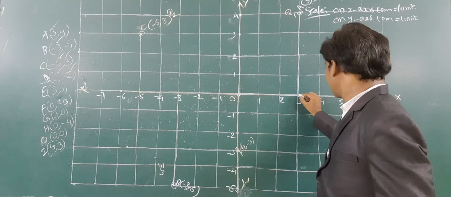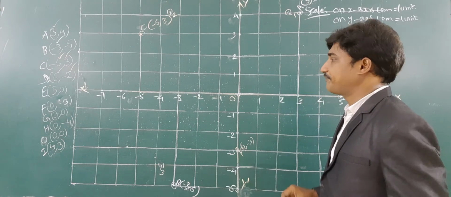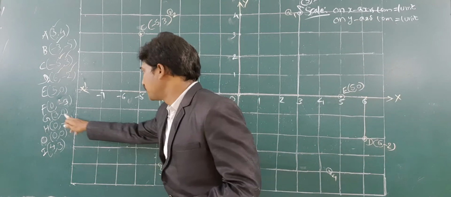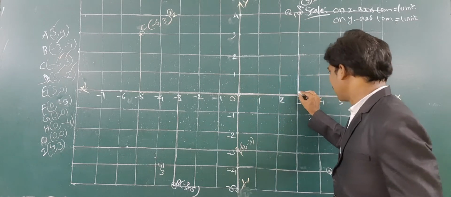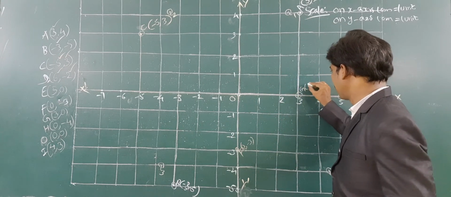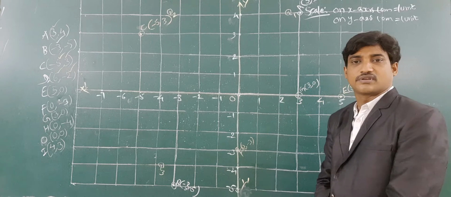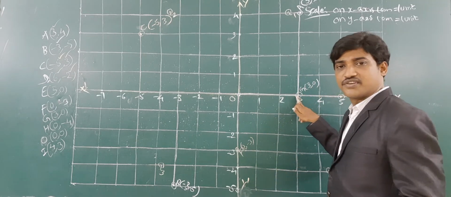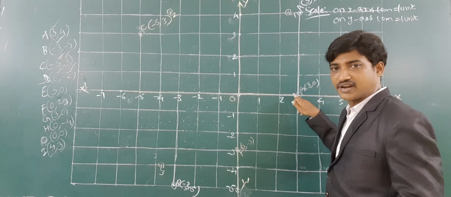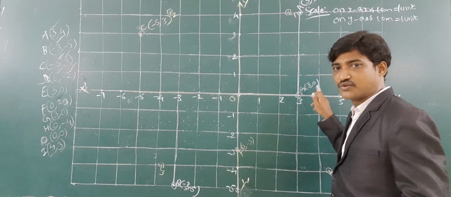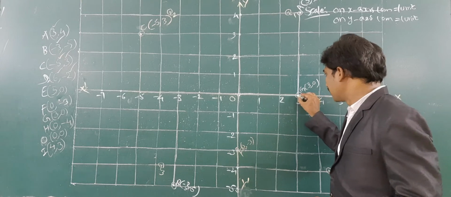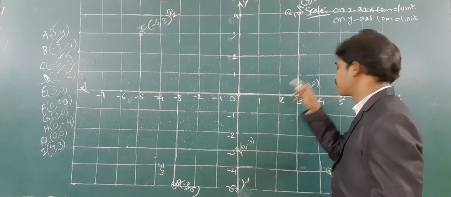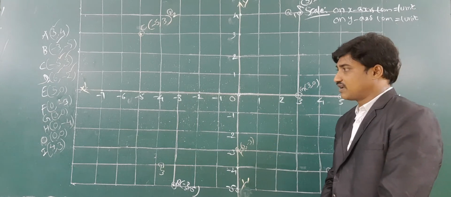From that point, we need to move vertically a distance of 0. That means Z is here itself, that is (3, 0). 0 is neither positive nor negative, so if it were positive we would move upward, and if negative, downward. As 0 is neither, at 3 itself we get the point Z (3, 0). So (3, 0) lies on the x-axis.